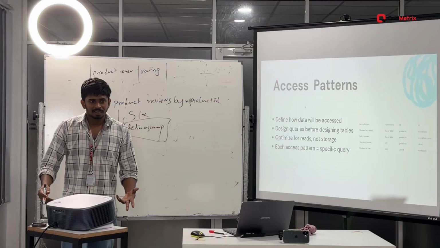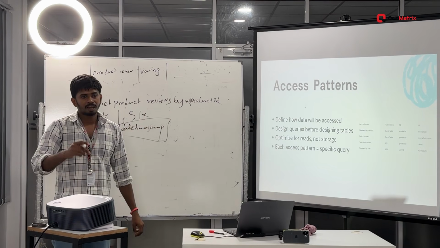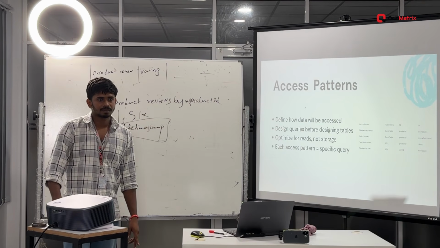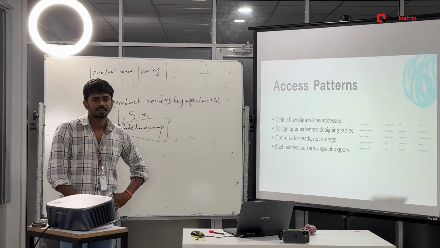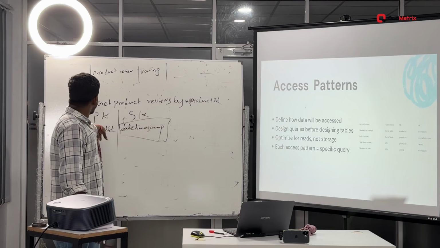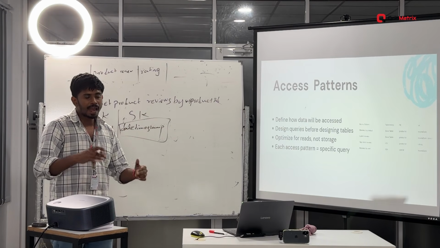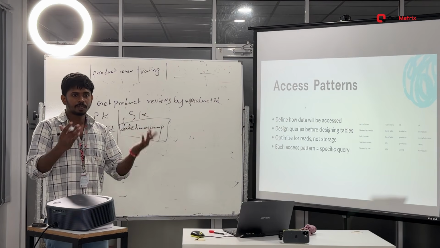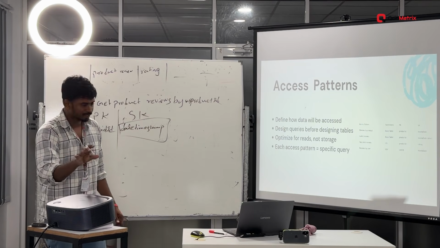Think of another scenario. You need to get the product data by ratings. You need to get reviews for a specific product and organize them by rating. What can we do? We can have another sort key. This is simple.